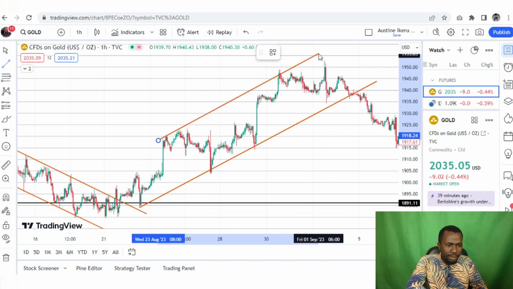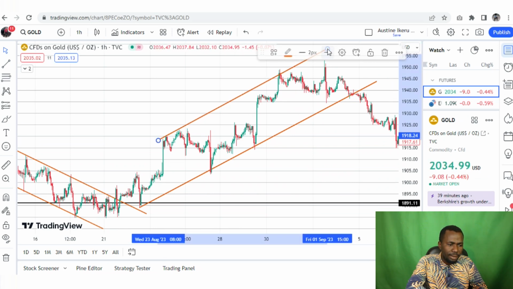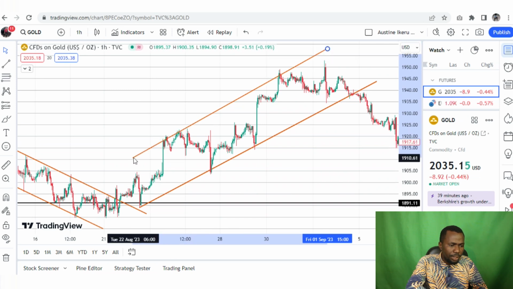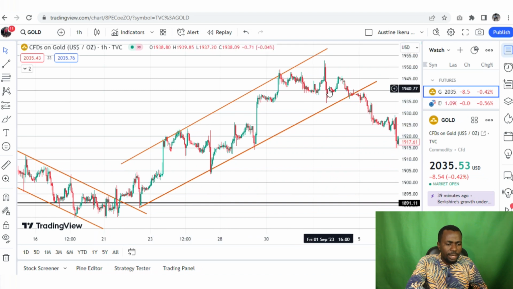Since you have confirmed that this is an uptrend and connected your trend line from the first swing low and the second swing low, you extend it to the future. So you connect the upper trend line from the highs, then extend it to the future.